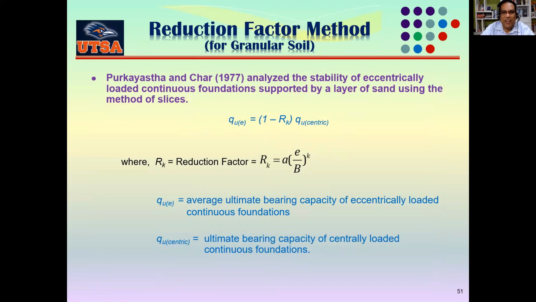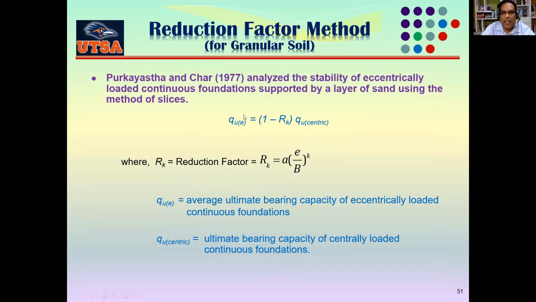No eccentricity there, right? So you find out the Q_u centric the usual way using the general bearing capacity formula, and then you multiply that one with a reduction factor, 1 minus the reduction factor.